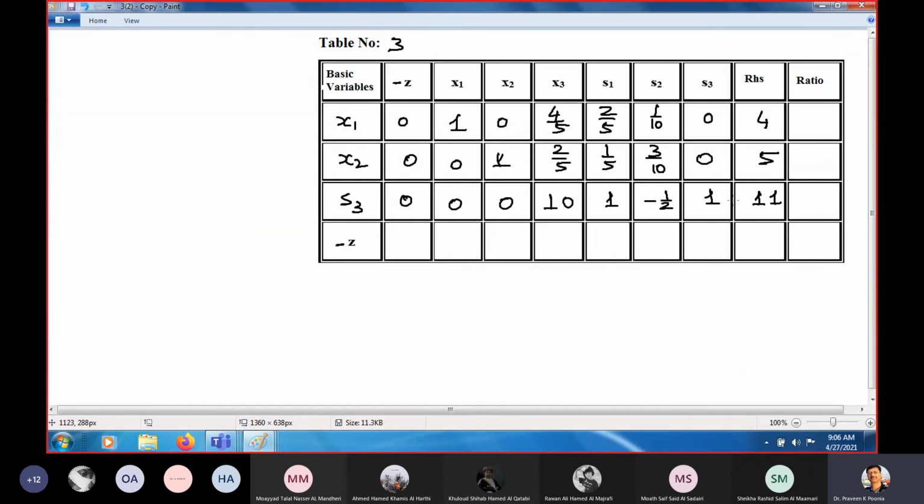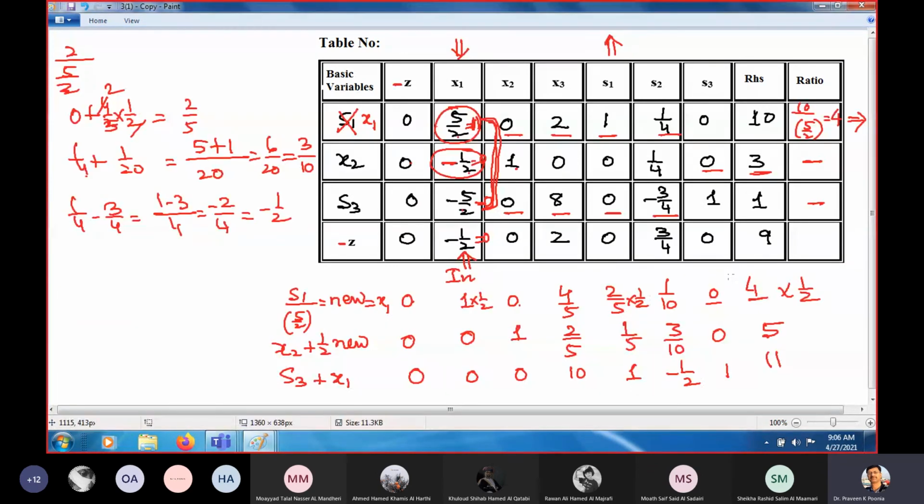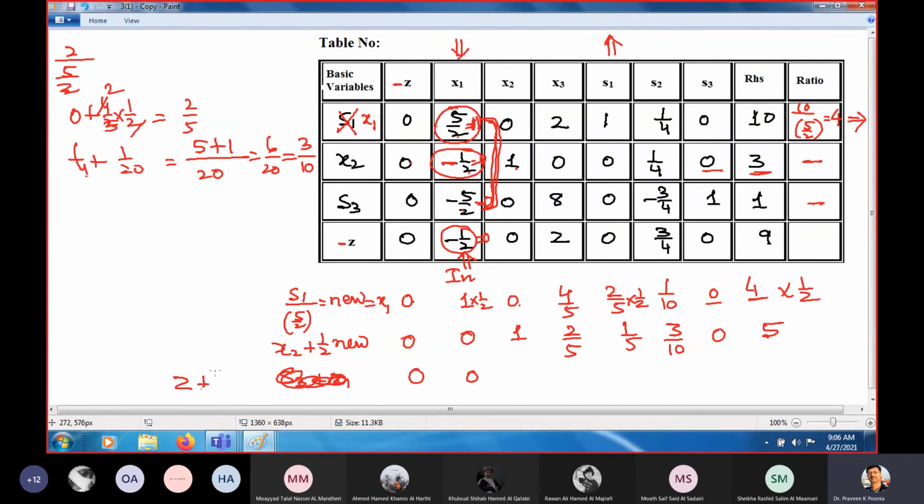Now we need to find the value for Z. And what is Z? You can see here minus 1 by 2. It is same to same like this one. So Z plus 1 by 2 new.